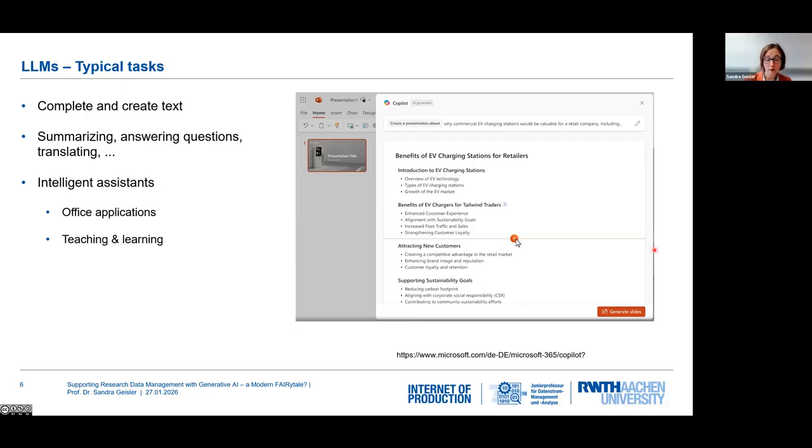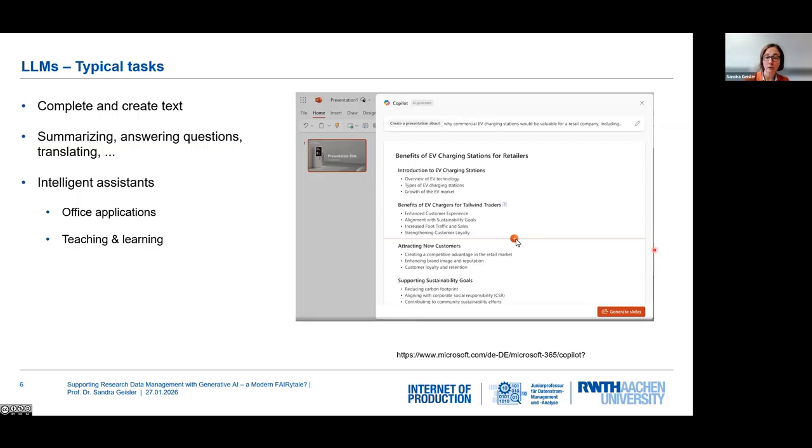Also in teaching and learning, this is something we look at at the university, of course, not only how students use LLMs in their daily study life, but also, as lecturers, how can we support students in their learning journey.